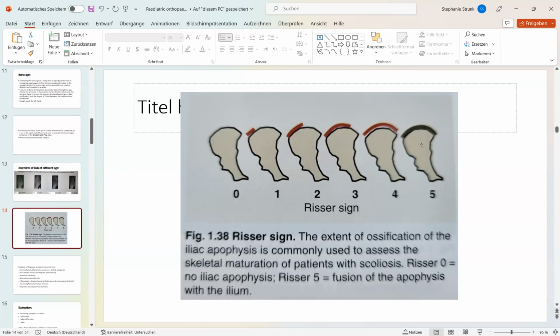You have that usually on X-rays of the spine. So if you have a kid to be treated for scoliosis, you will have the pelvis on the X-ray film anyway, and then you can guess the skeletal maturity. You will need that in scoliosis because scoliosis gets worse during growth and stops getting worse when growth stops. So you need to estimate how bad it is now, how bad it is going to get, do I have to do something, and when.